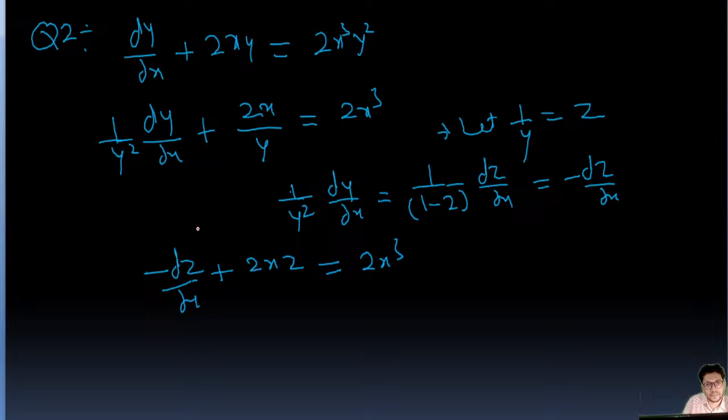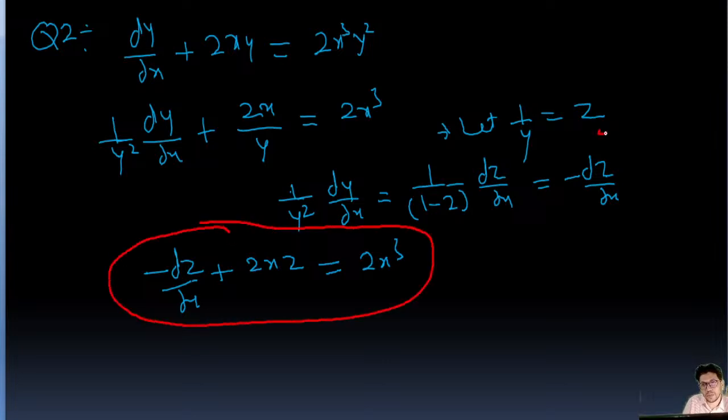Okay, now we'll solve it. So you need to remember that 1 upon y equals z, and 1 upon y square dy over dx value is minus dz upon dx. Okay, so now we'll simplify it.